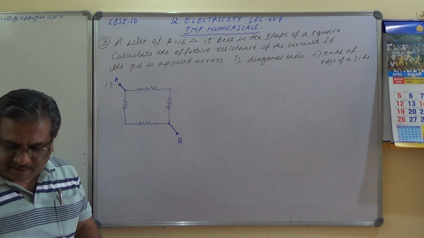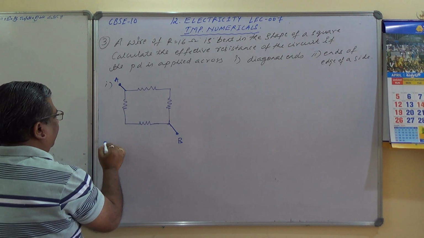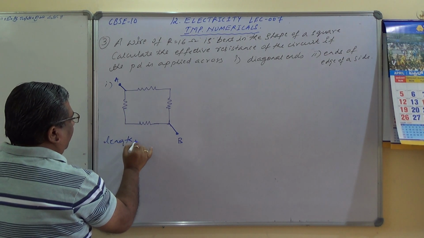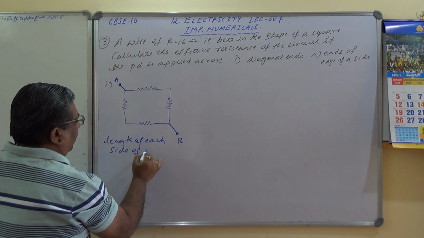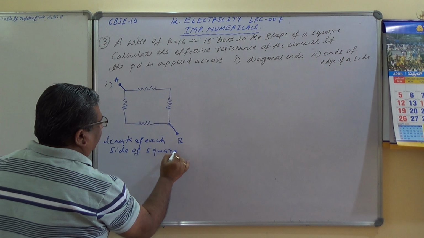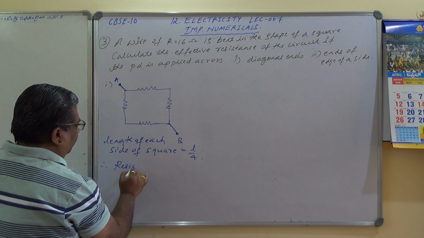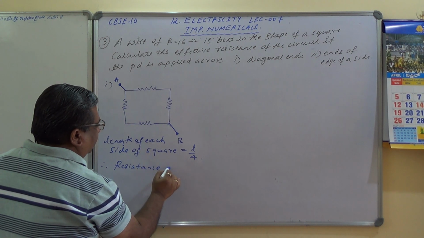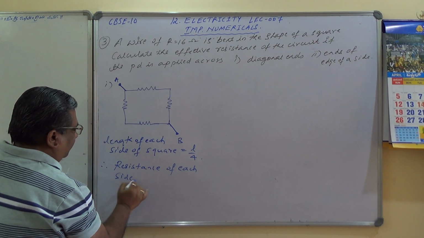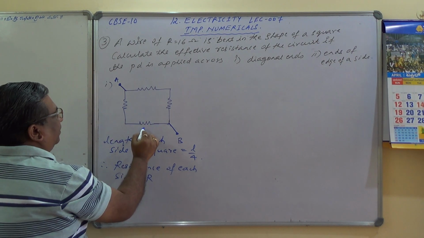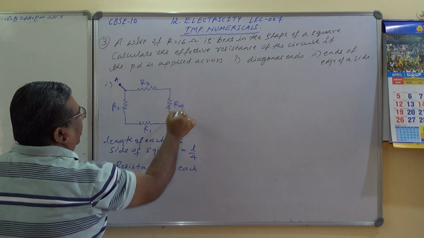Therefore, how should I write here? Length of each side of the square equals L by 4. Therefore, resistance of each side, let me name them R1, R2, R3 and R4.